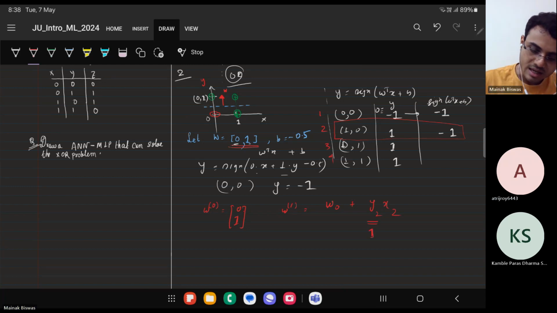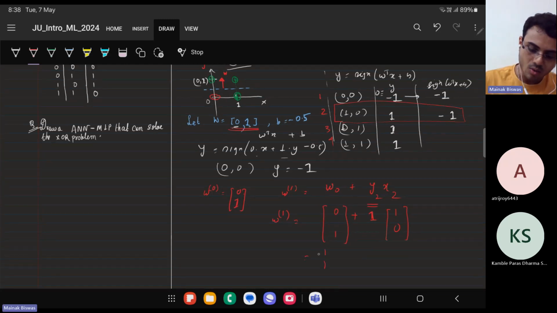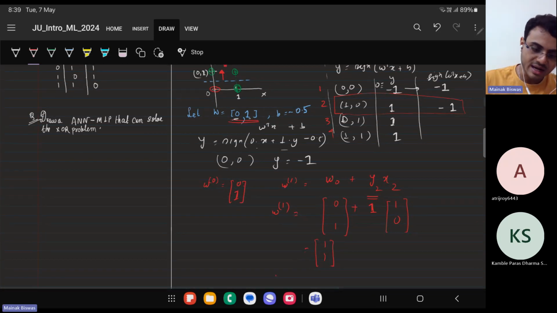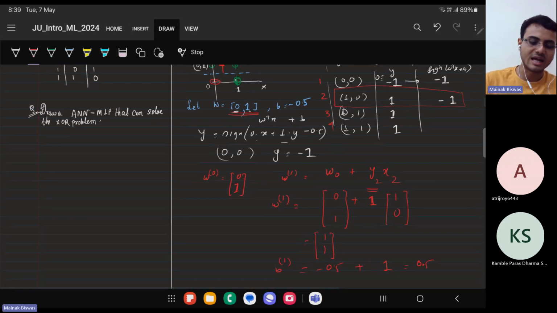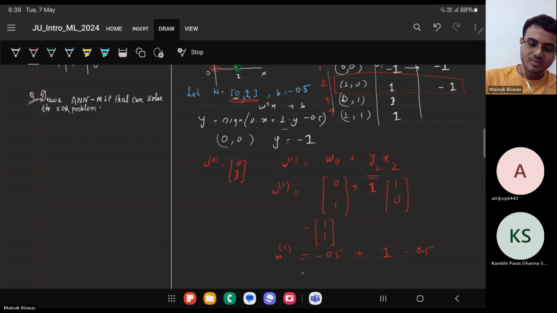Y2 is 1 and X2 is 1, 0. So I get 1, 1. Similarly, I get B1 as minus 0.5 plus 1, which is equal to 0.5. Therefore, my equation of the line is x plus y plus 0.5 is equal to 0.